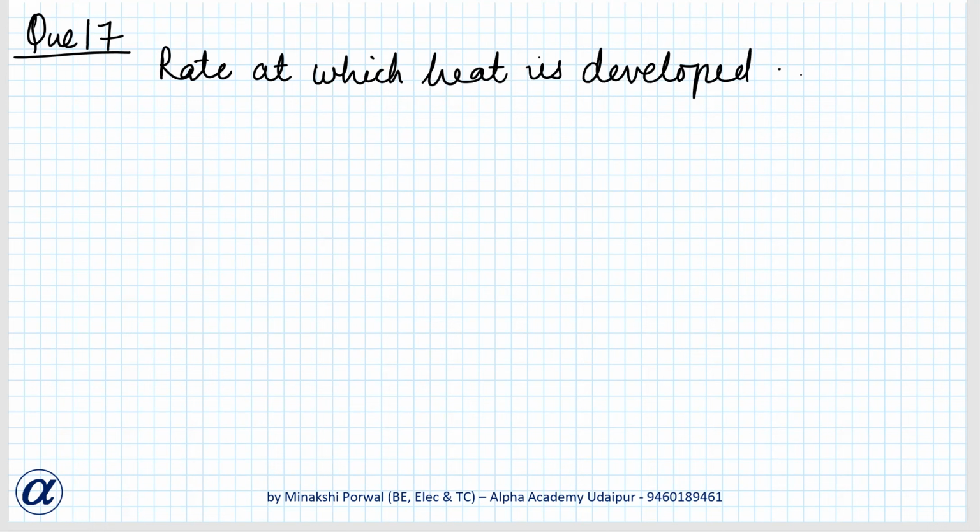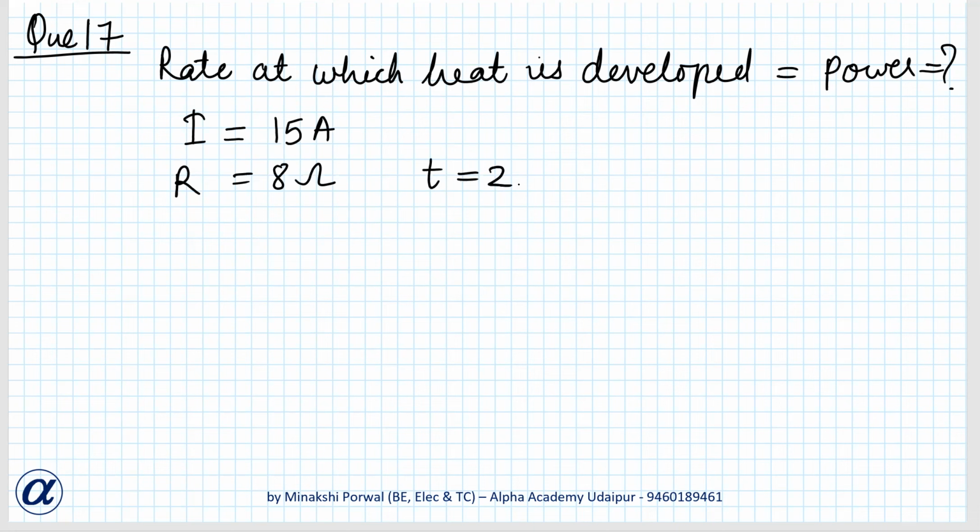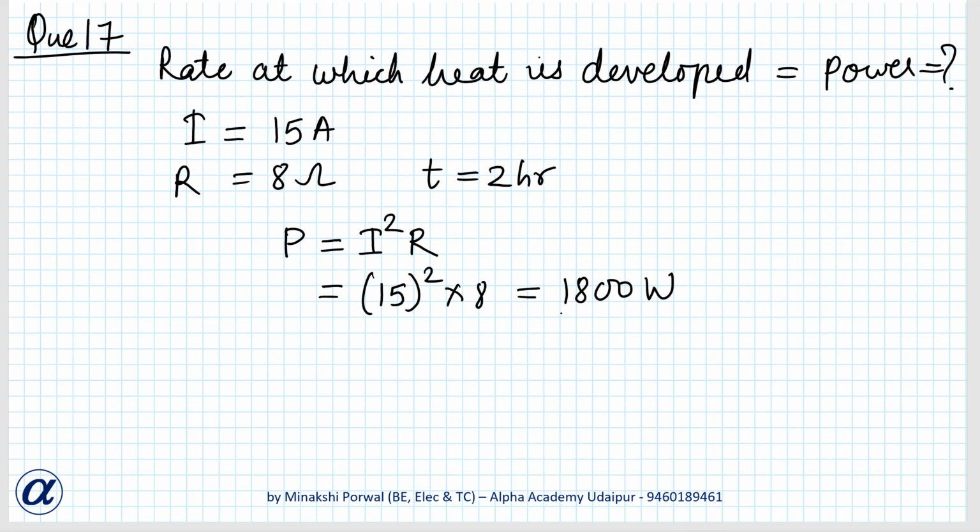So we have to find power. Current is given, 15 amperes. Resistance is 8 ohms. Time is given, 2 hours, but we will not need time to find power. So P equals I square R. I is 15 squared and R is 8. So that is equal to 1800 watt. This is the answer.